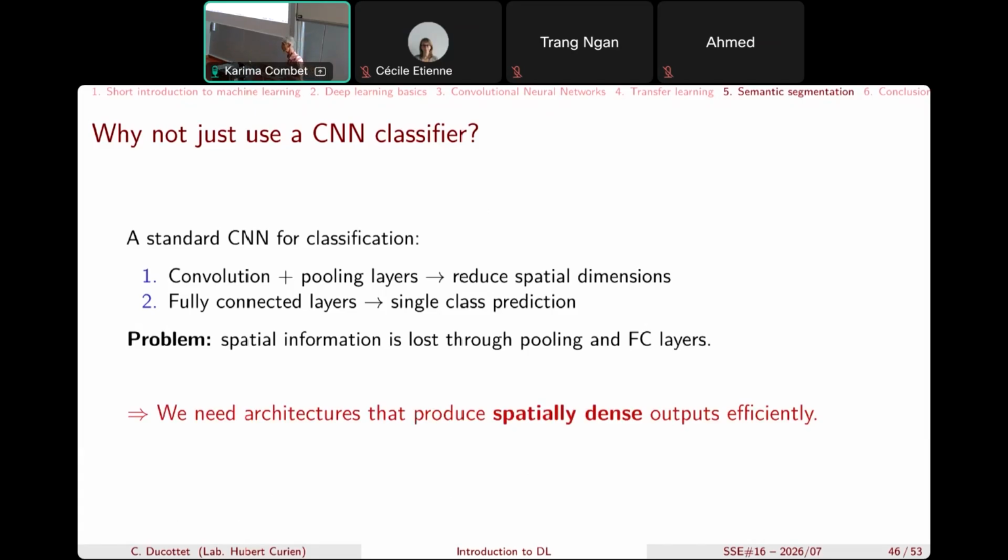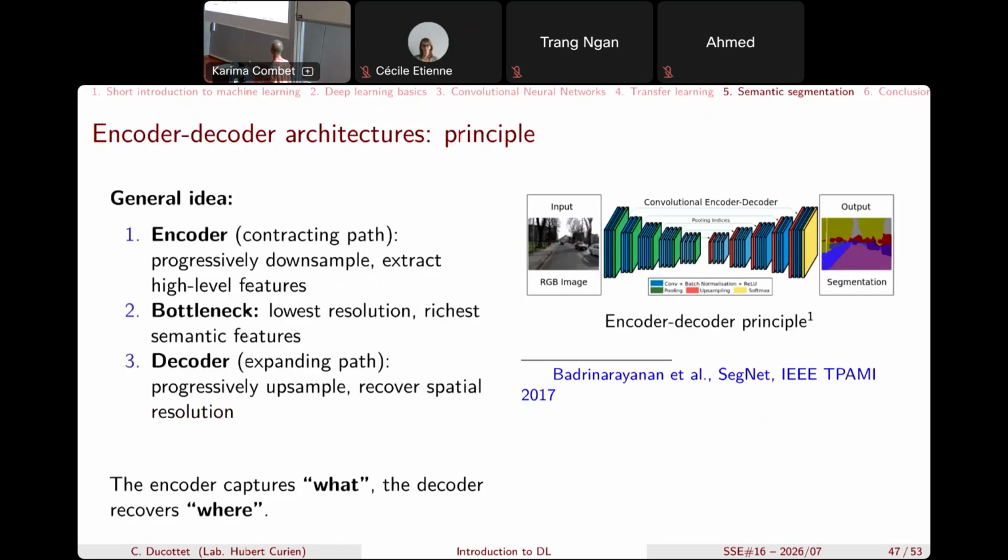We need an architecture that could produce a spatially dense output, that could reconstruct a map predicting classes. The general idea is to have the first part of the architecture, which is what we saw till now, what we will call an encoder. The encoder will basically decompose the image by reducing the spatial dimension and augmenting the number of channels.